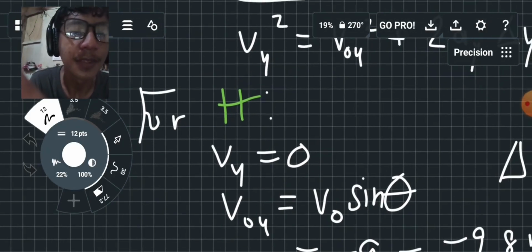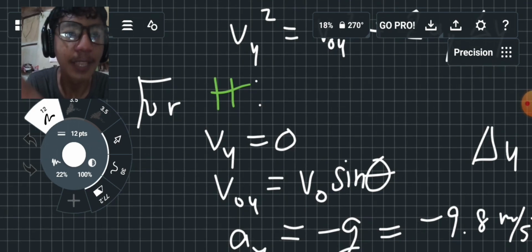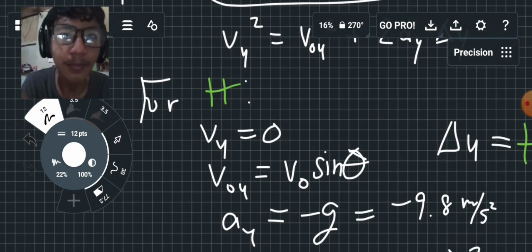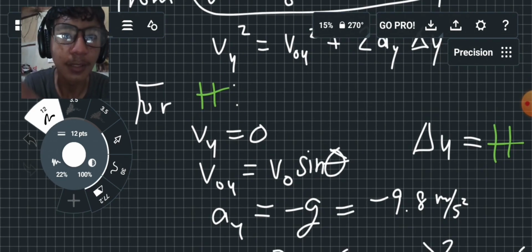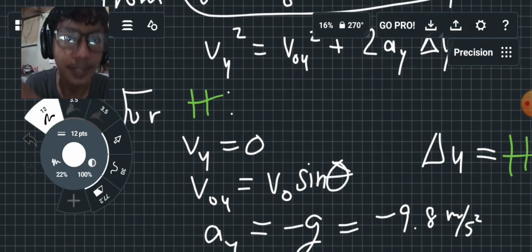Okay, so for our objective, which is to find this maximum height h, we will have to know our conditions.